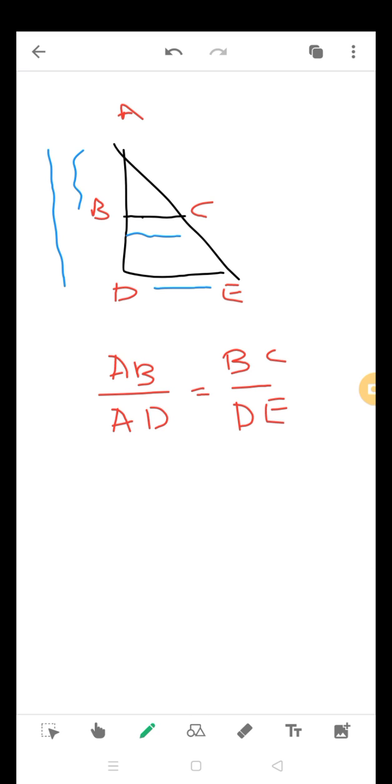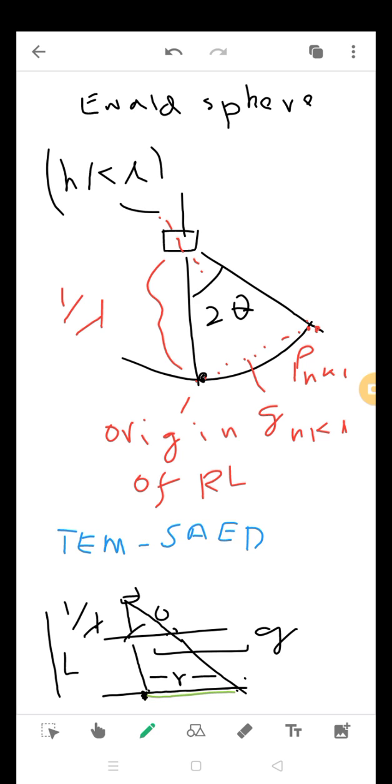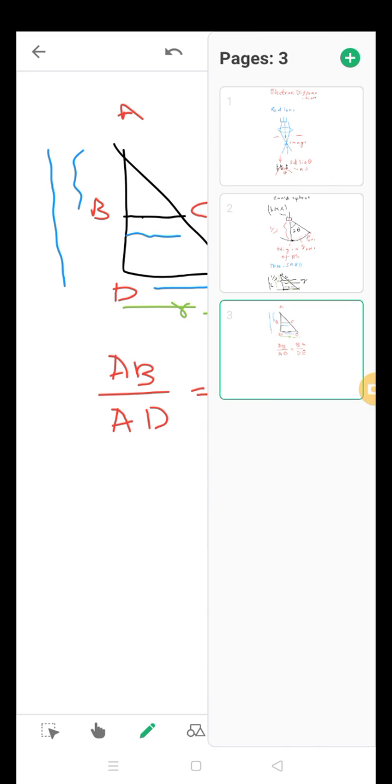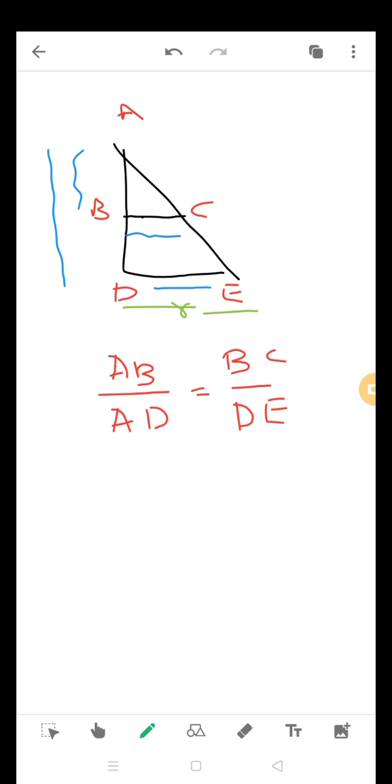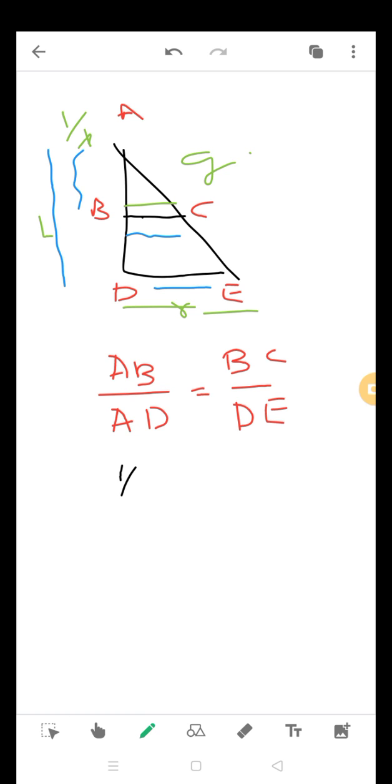So this is R. If you could go to the previous diagram, you can see this was your R. This was your G. This is 1 by lambda, and this is L. So again, this is R, this is L, this is 1 by lambda, and this is your G. So it becomes 1 by lambda, that is AB, divided by L, that is AD, is equal to G, that is BC, divided by R, that is DE.